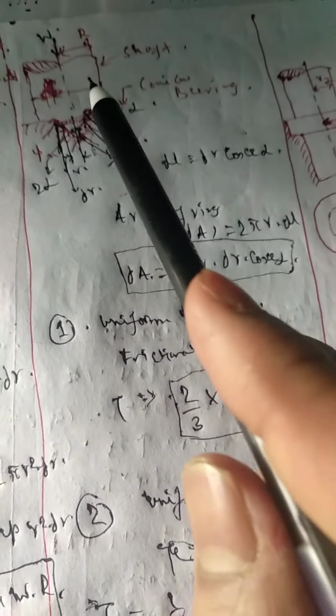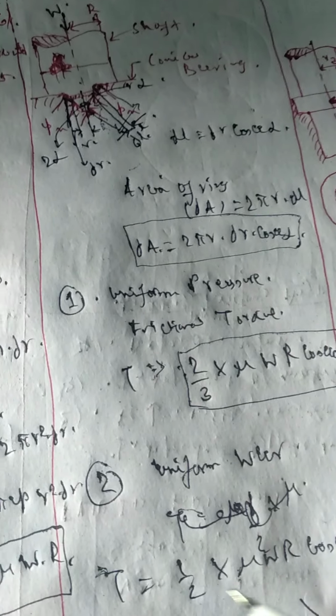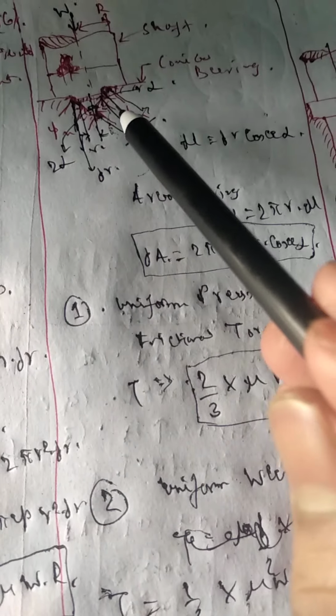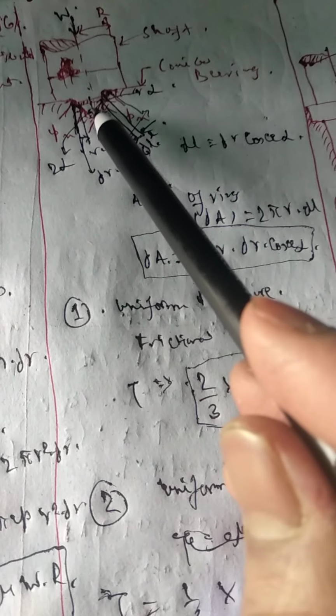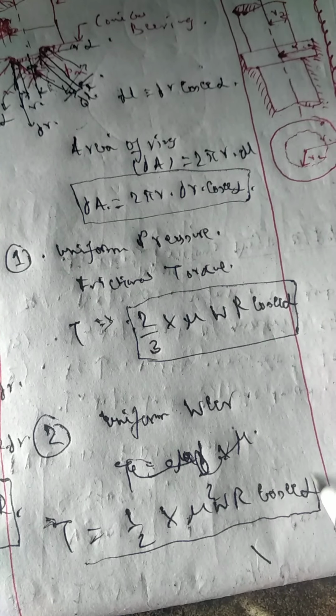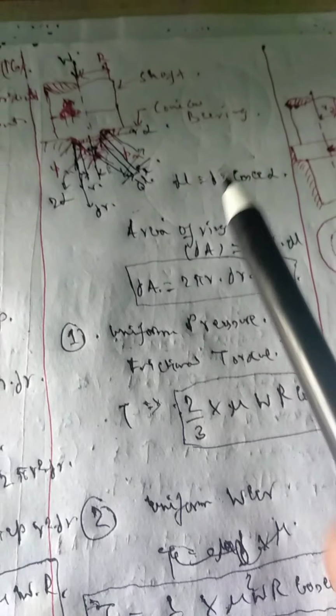So you know the value of all this: R is this radius, W is the load, mu is the coefficient of friction, and alpha is the semi angle of this cone. The derivation you will do yourselves. So remember this formula in case of a conical pivot bearing.